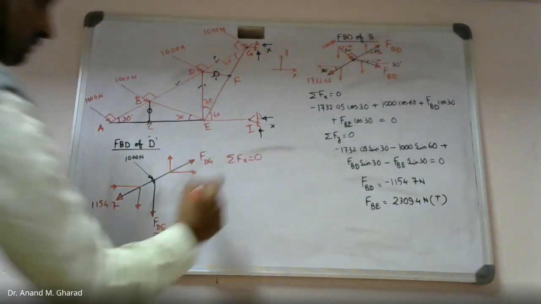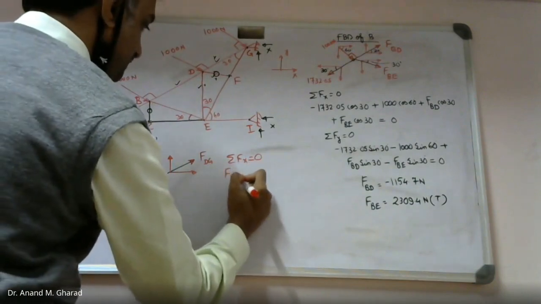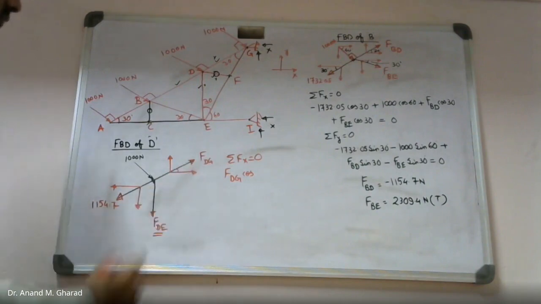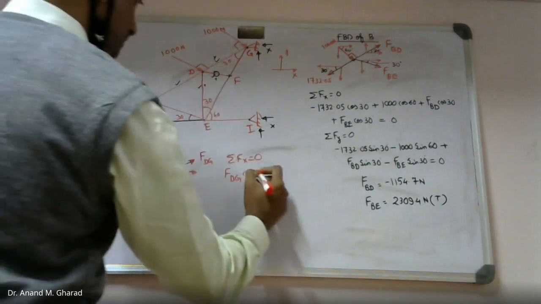Summation of force in x direction equal to 0. FDG cos of, what will be this angle value again? It will be 30°. It is in continuation, so this is cos 30.